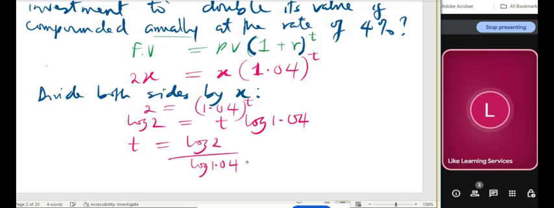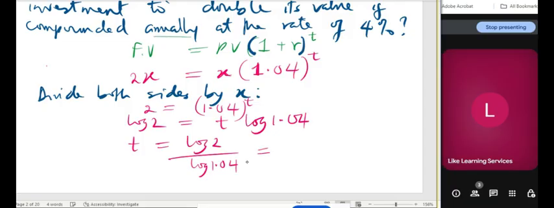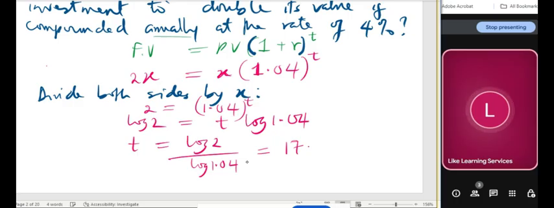Can you do that? Okay. Pardon? 17.7. So close again. 17.7.